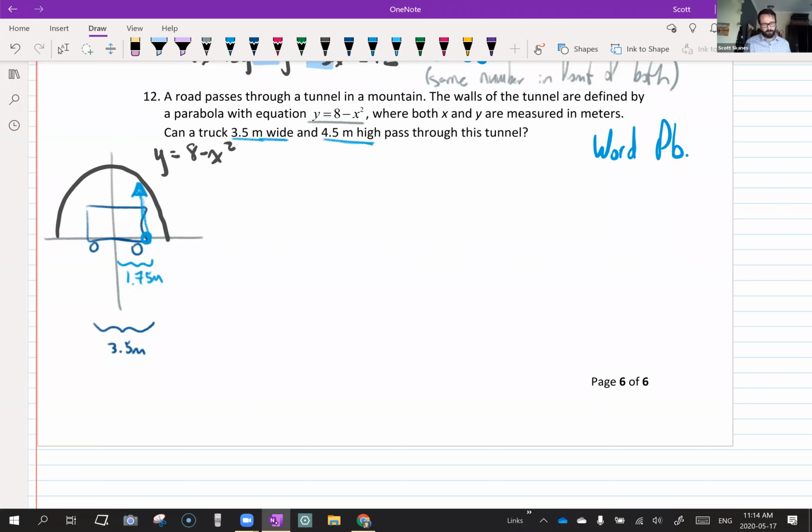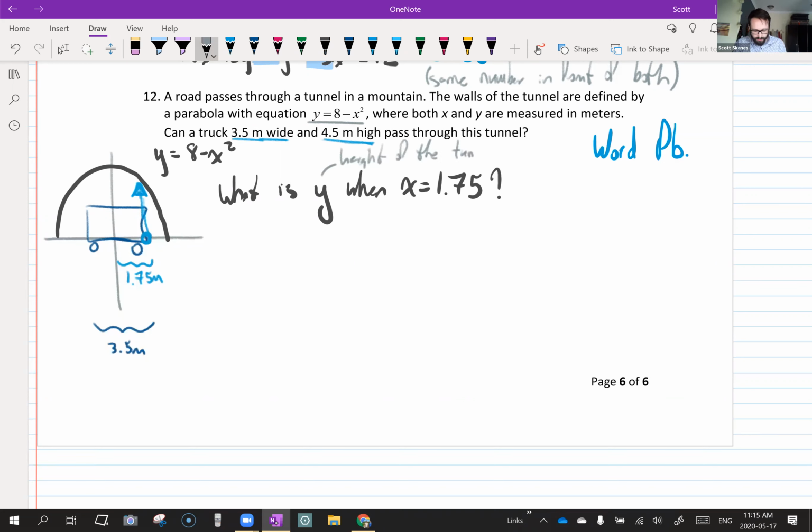Are you with me so far? Hopefully so. So the real question I'm asking right here is, what is y when x is 1.75? In other words, what is the height of the tunnel based on that equation when x is 1.75? So let's put that into our formula.